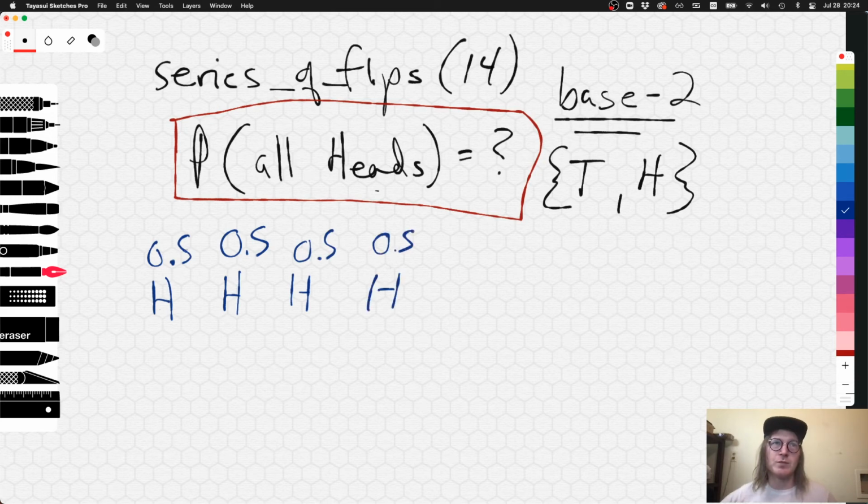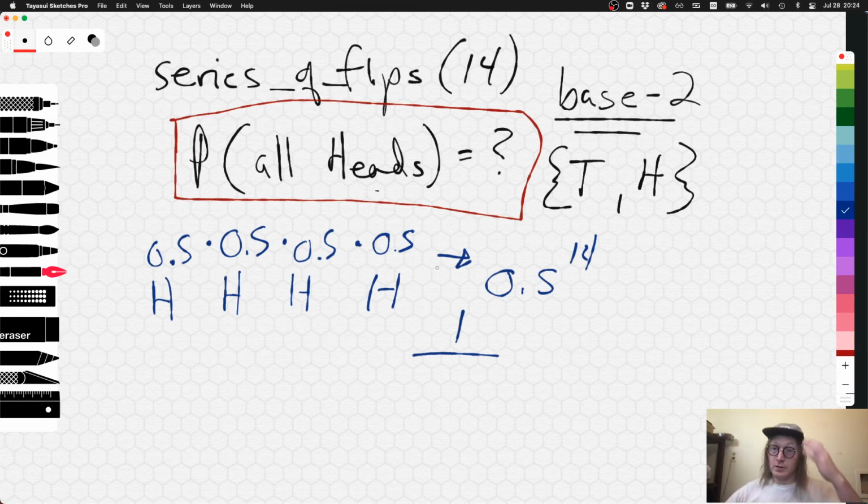And it turns out we can just multiply these together. And we could do that for all 14, and we could say the probability is going to be 0.5 to the 14th power, which we could also represent as one instance of success, one possibility, all heads, out of 2 to the 14th possible ways of doing that. So this is a helpful construct, all right? This is a helpful construct.